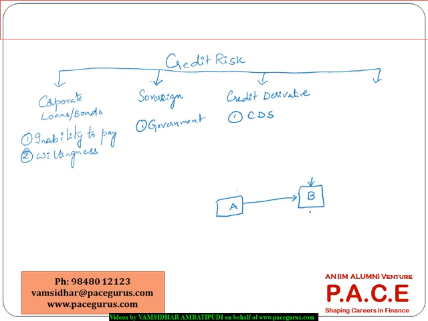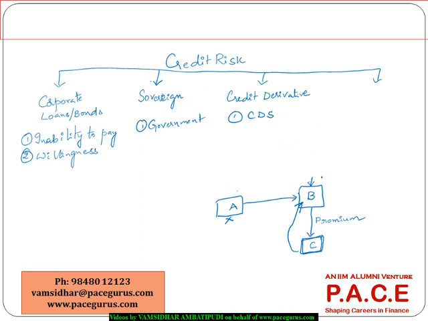So what B can do is try taking protection from C by paying some premium to it. Now, what is this protection? If A defaults, C will compensate B accordingly. That is the background behind credit derivatives, or the credit default swap, the more common form of credit derivatives.